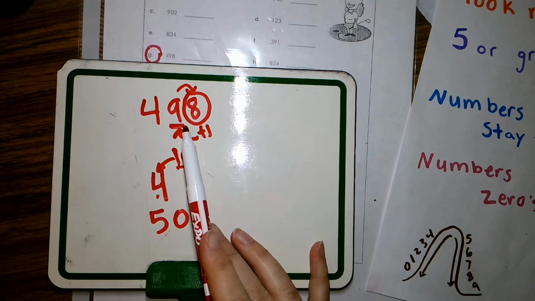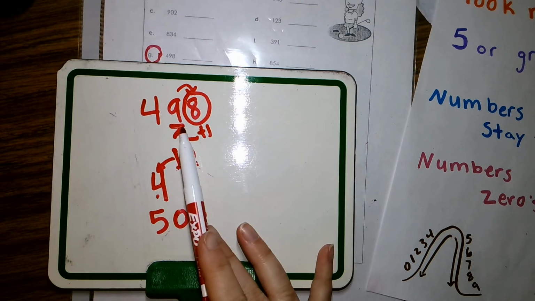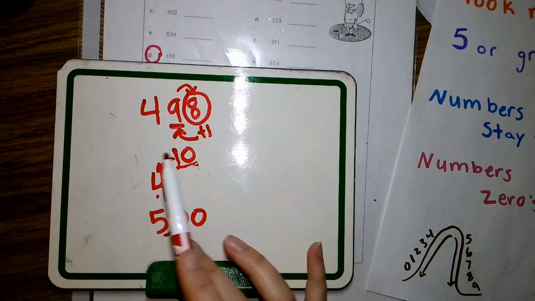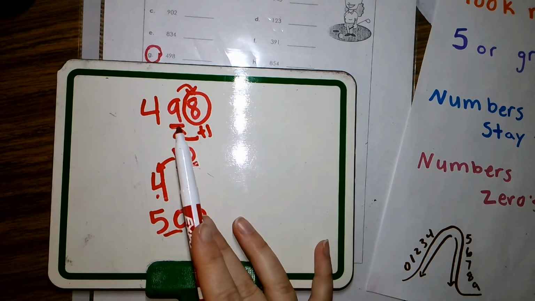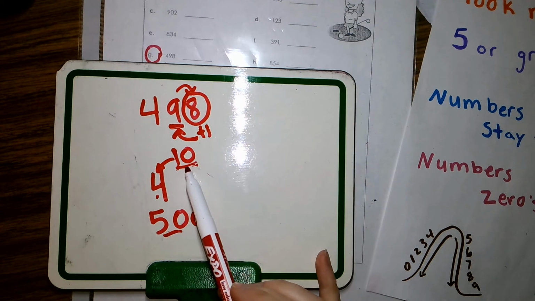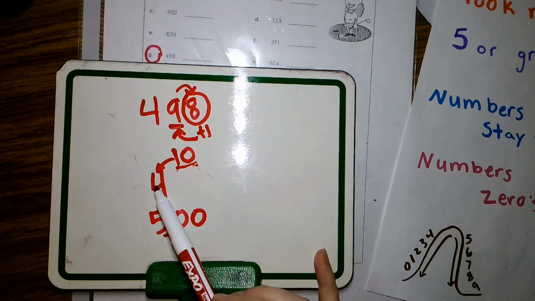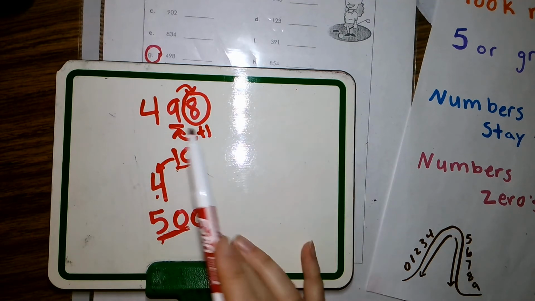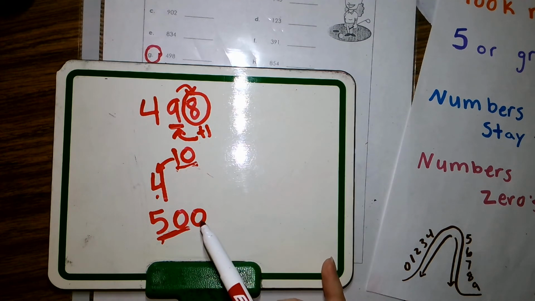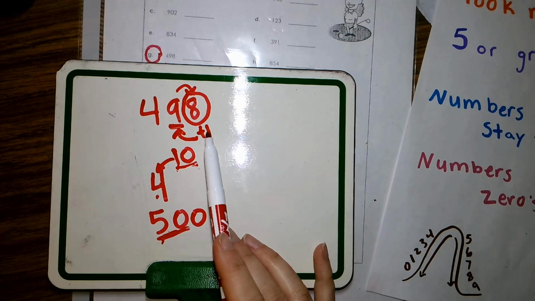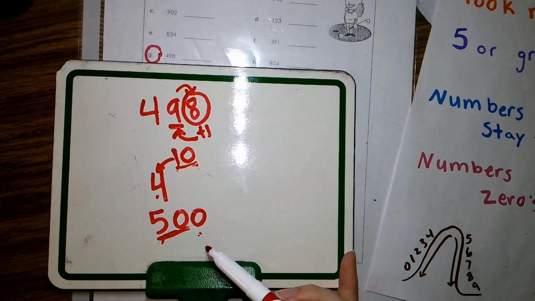So 49, when you add 1 to 49, you get 50. Right? So that's all we did, is we're adding 1 to the 9 to make that a 10, but because you can't have 2, you add this 1 to your 4 and make it a 5 to be 50 instead of 49. Okay, and then you bring down your 0. So 498 rounded to the nearest 10 is 500.